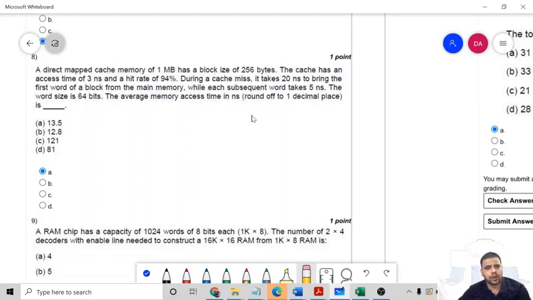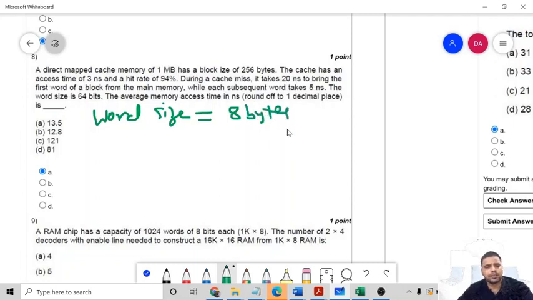Okay, no problem. So for this, first we have to understand the word size. Word size is 64 bits. In terms of bytes, it is 8 bytes. And the block size is 256 bytes.